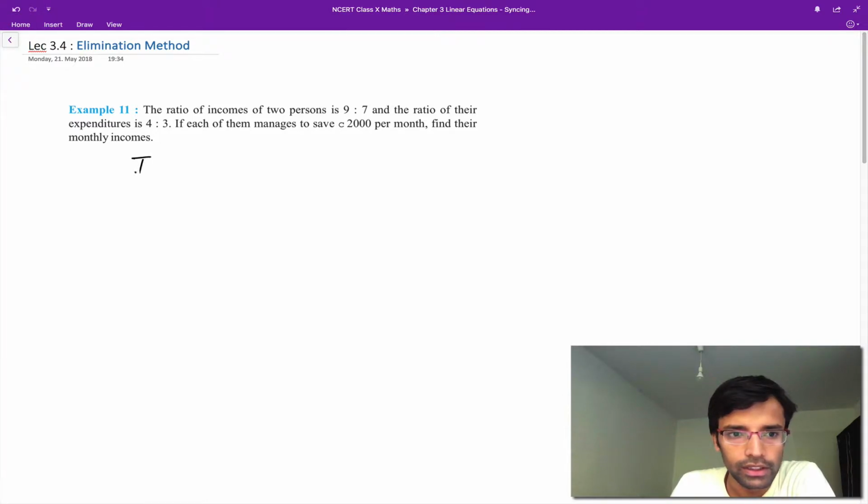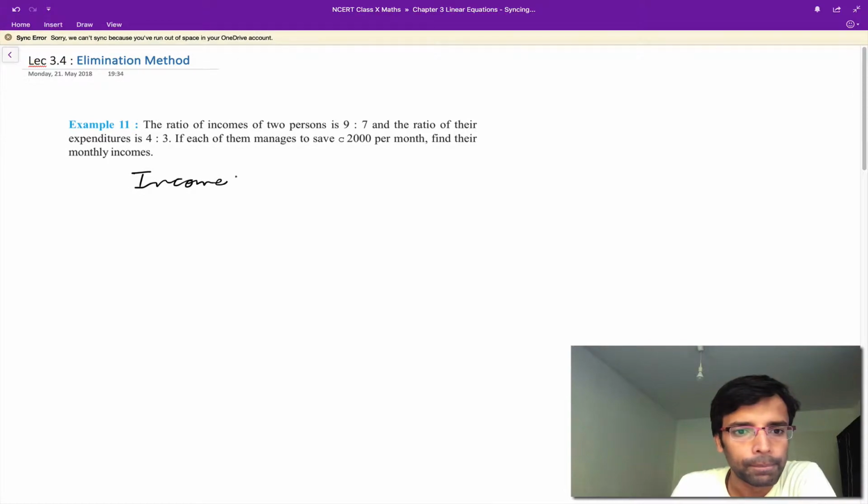Okay, so let's denote income with variable x and expenditure with variable y. So now for the first person, the income, let's say it is 9x.